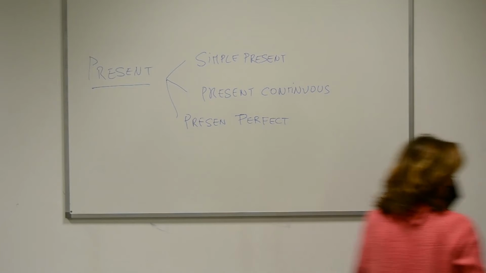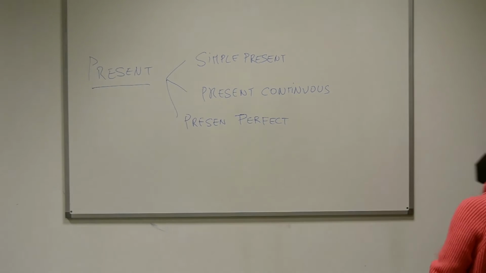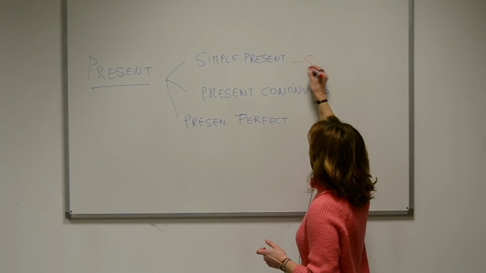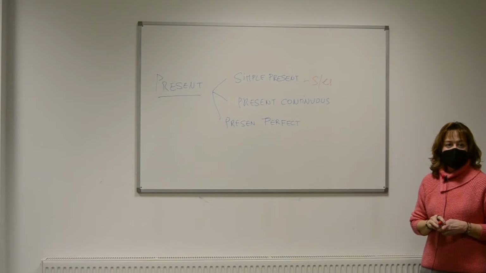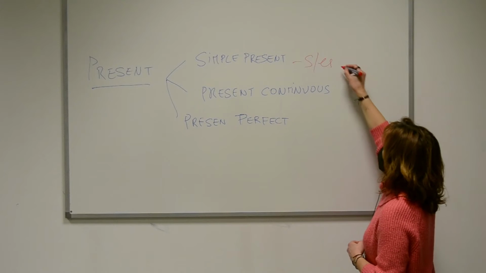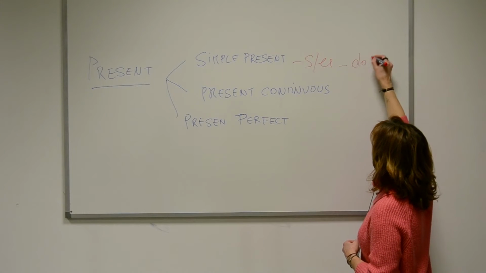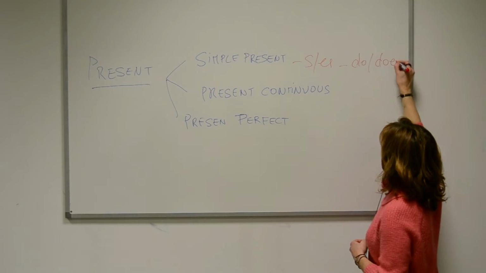Okay, simple present, we add an S or ES to the 3rd person singular. In negative sentences, we use the auxiliaries do or does.